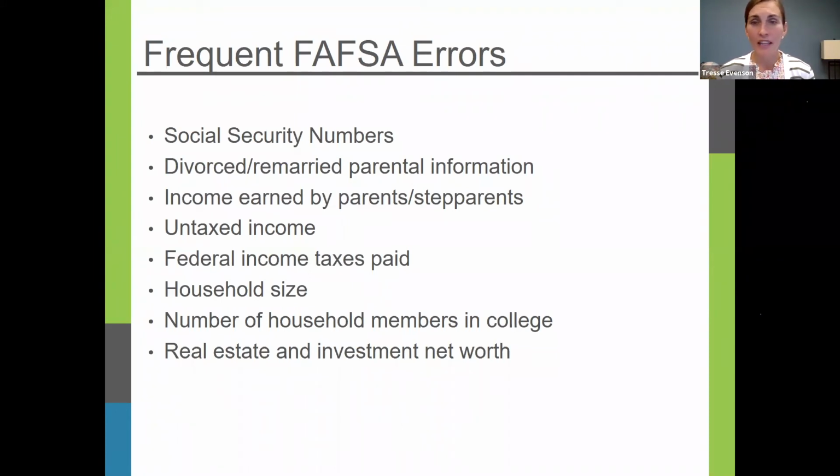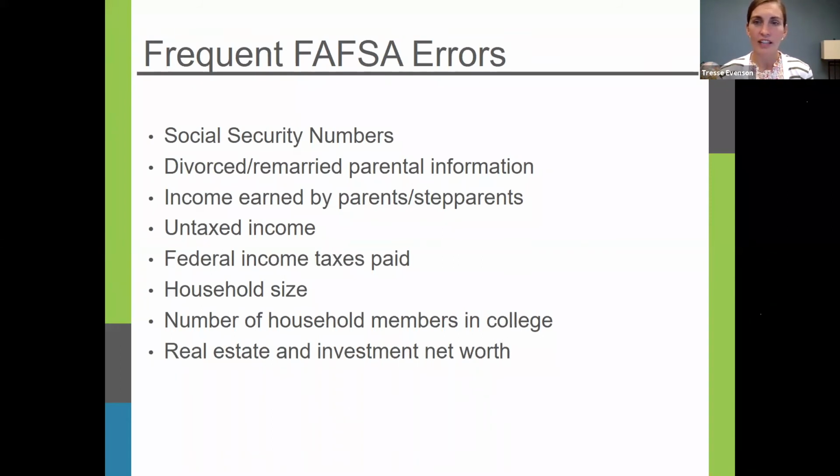Income, paying attention to some of those additional income questions that don't come over with your IRS data retrieval from your taxes. Those can get confusing, so just use those help menus or ask somebody. Federal income tax paid, if you don't use the data retrieval tool and you're just trying to manually answer questions, people often confuse that with what you got in a refund or another figure.